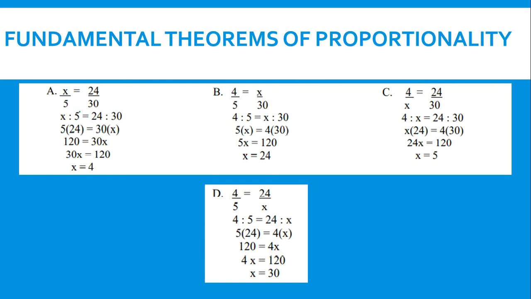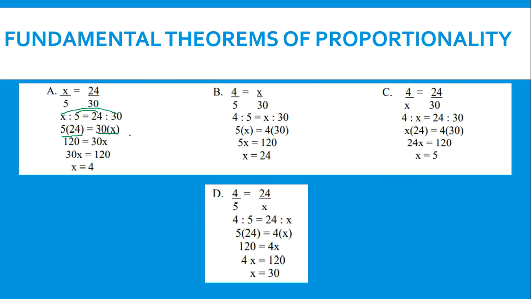Then multiply the means, that is 5 times 24, and the extremes, x and 30, so that is 30 times x. 5 times 24 is 120, and 30 times x is 30x. So 120 equals 30x.